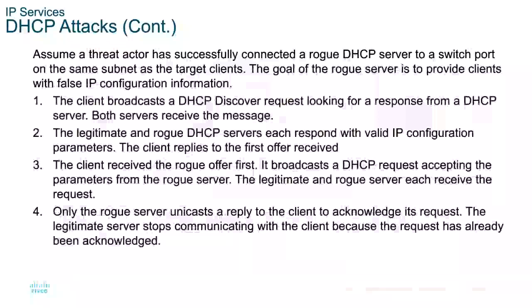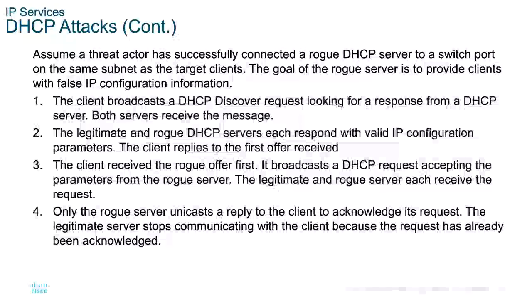So let's assume that they successfully installed and got the rogue DHCP server up and running. When the broadcast is made for the discovery request, it will receive messages from both the valid and rogue DHCP server. Now, the way it works is generally the closest server will respond faster.